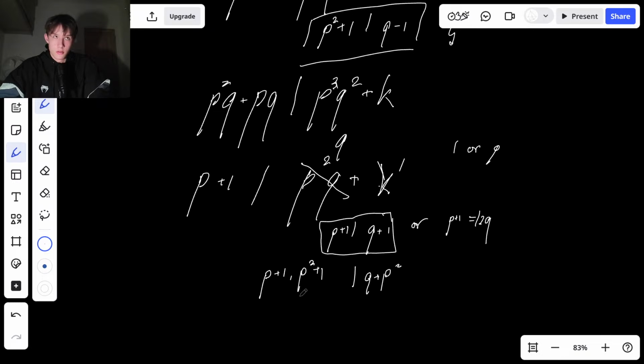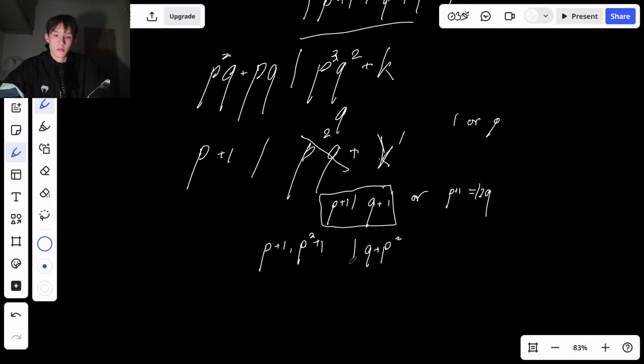But v2 of this is at most 2. So we can safely say the product of this times the product of this over 2. Let's divide this. And this is essentially almost p cubed over 2. And this is q plus p squared, which means that q is greater than p cubed.